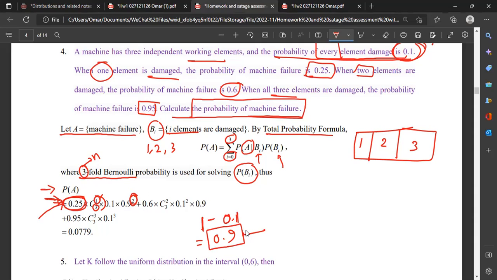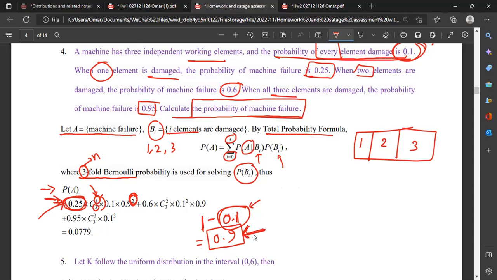So the probability of functioning is 0.9, because for every element the probability of damage is 0.1. So that's why we just calculate 1 minus 0.1. So we get the probability of the element not damaged. Okay, so the first element is damaged, so times its probability, and then the remaining two are not damaged, so 1 minus damage.